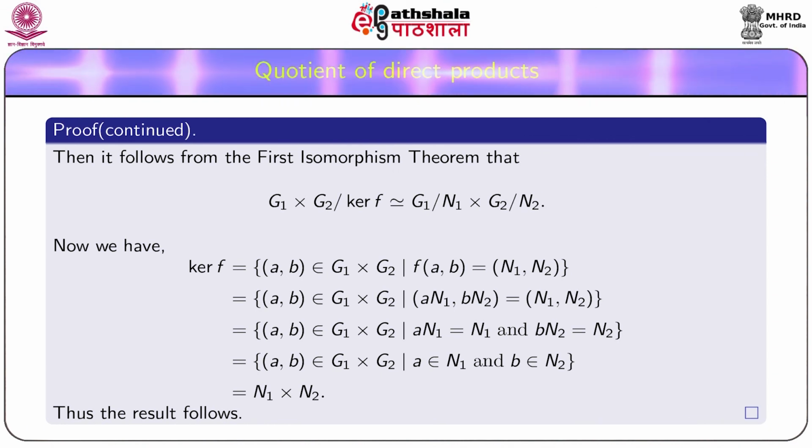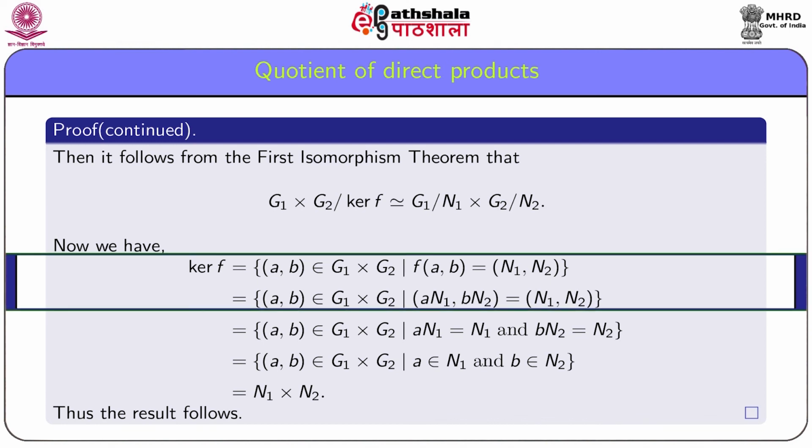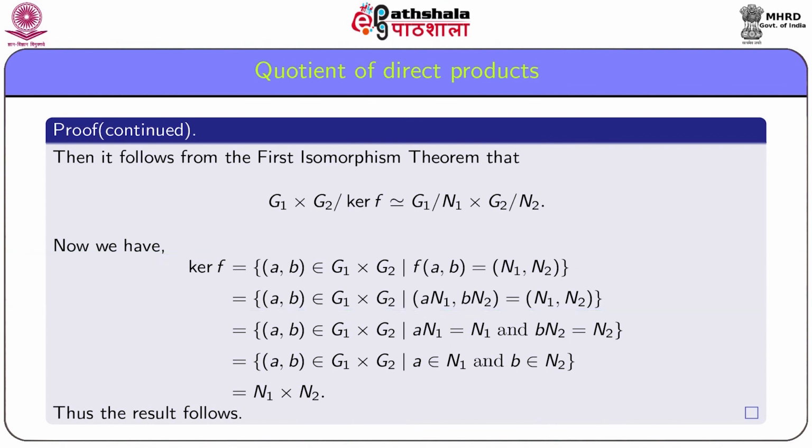Now we show that kernel f is actually equal to N1 cross N2. Now (a,b) belongs to kernel f if and only if f(a,b) equals (N1, N2), that is (aN1, bN2) is equal to (N1, N2), that is aN1 equals N1 and bN2 equals N2, that is a belongs to N1 and b belongs to N2, that is (a,b) belongs to N1 cross N2.